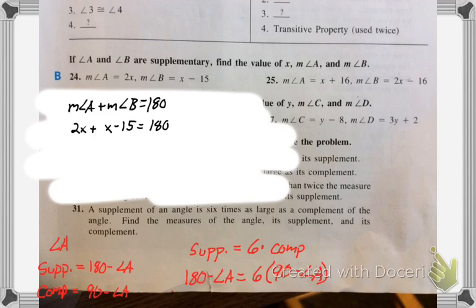Okay. Other questions? Did you do 32? Was that on the page or is that on the next page? Let's just look at 32. So 32, find the values of x and y for each diagram. Let's go ahead and bring that up.